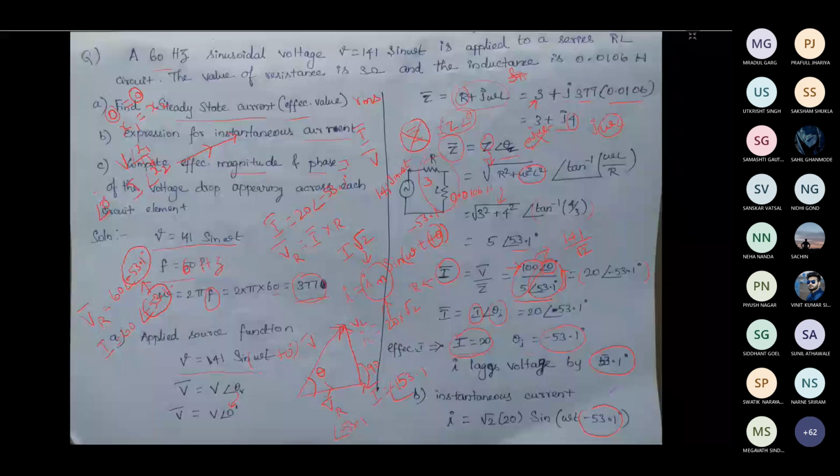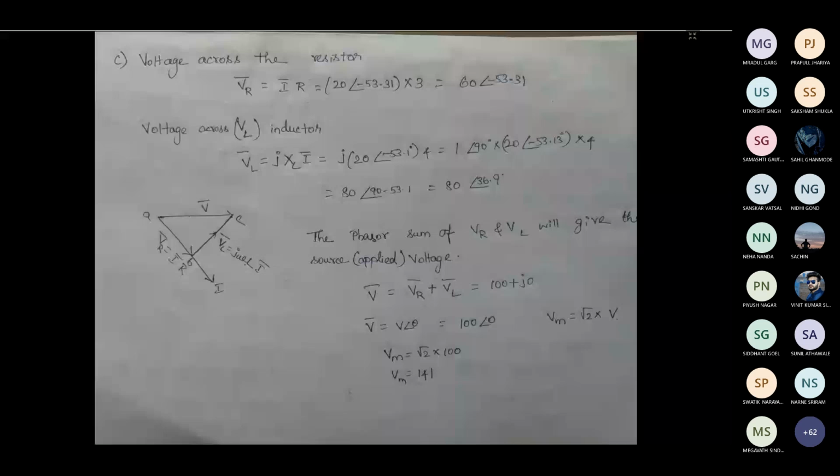So let us proceed. Here we have found the voltage across the resistor and the voltage across the inductor. This is in phasor form. This we have already calculated before, and only the magnitude is given here. You can just go through it. So this is the voltage phasor.